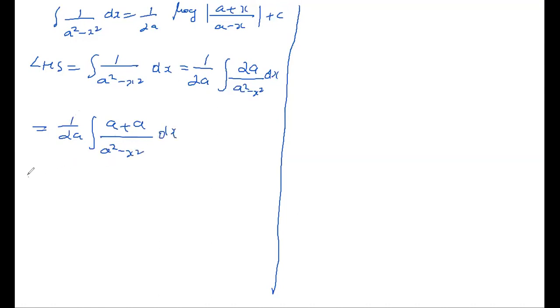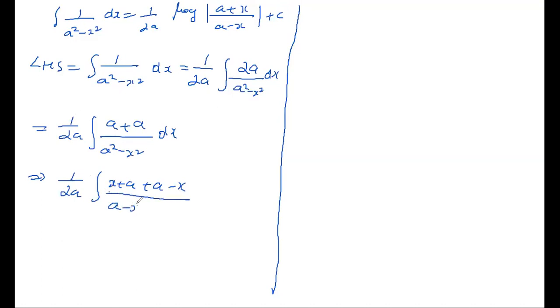Now the next step will be add and subtract x. You have to write it there. Write the statement because you can remember it for a long time. 1 by 2a into (x plus a) plus (a minus x) divided by a square minus x square.